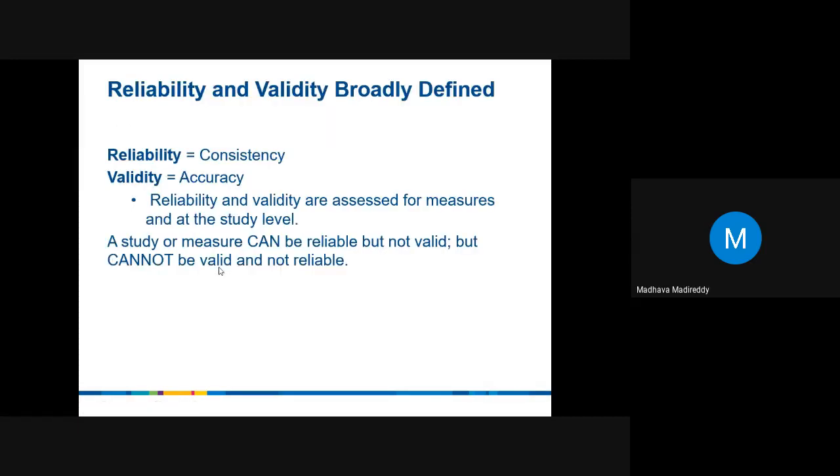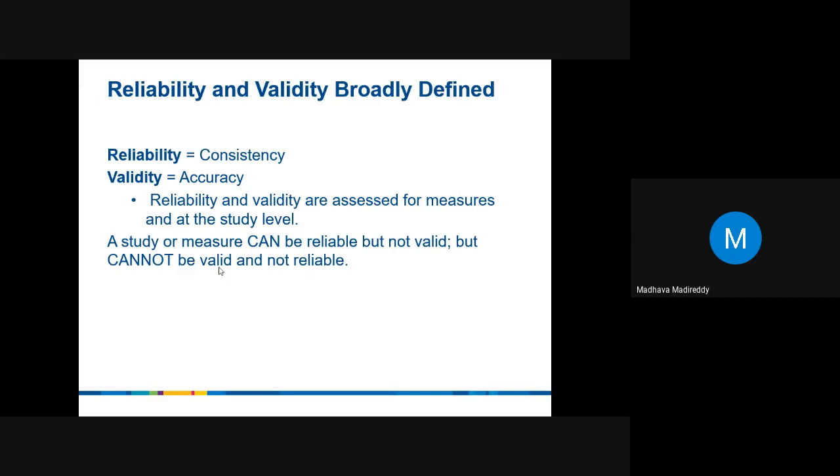Now let's define these two terms: reliability and validity. Reliability is consistency. Let us say you want to check your weight. You have a weighing machine at your home, you stand on it and it says 57. Well, obviously you are a little bit disappointed that you are overeating. Now you want to check again, and you stand on it and immediately it shows 56.